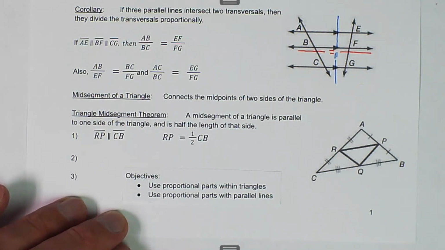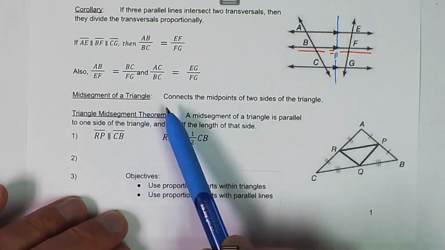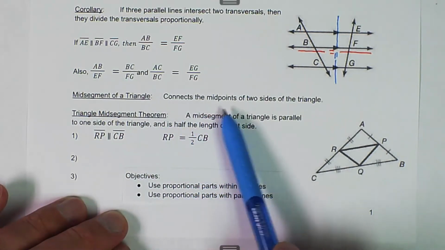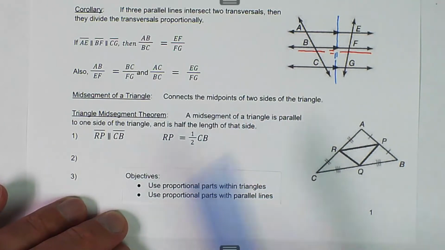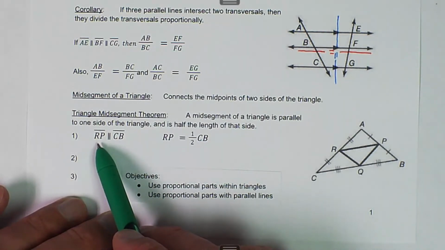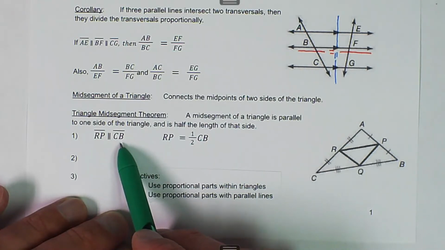We also have the midsegment of a triangle. So the midsegment of a triangle connects the midpoints of two sides of a triangle. So right here it says if RP is parallel to CB.